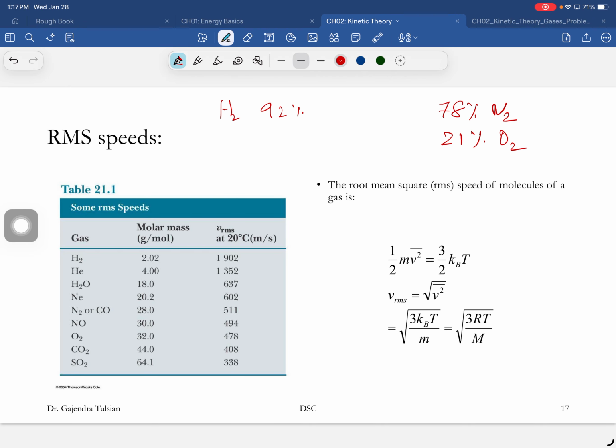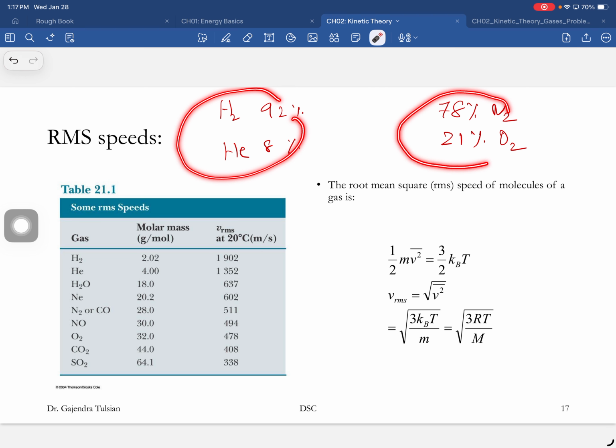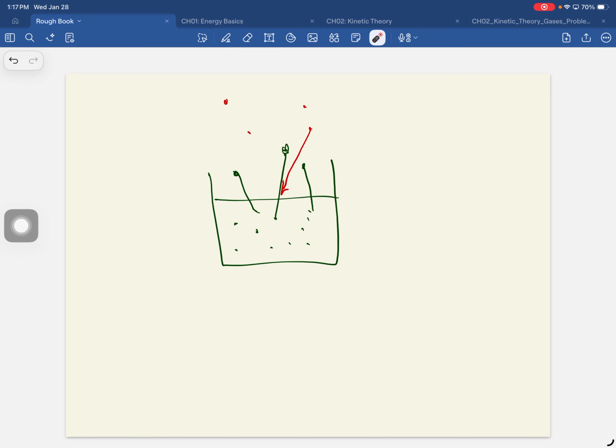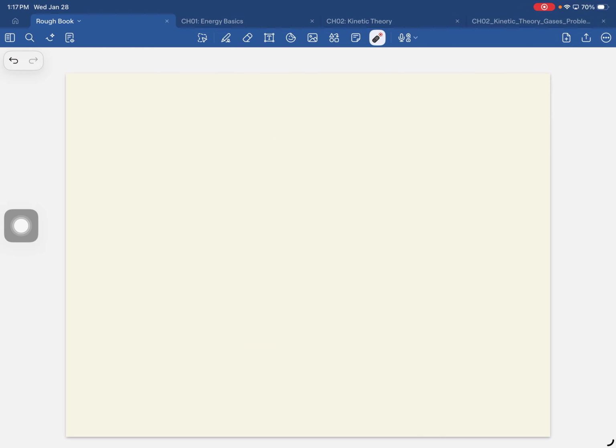So you guys remember the model of solids we had? These atoms were connected by springs. We'll keep it very simple. Let's say now I add 100 joules of heat energy to this system. Where did that heat go? What does that heat do? It makes the molecules vibrate with greater amplitude.